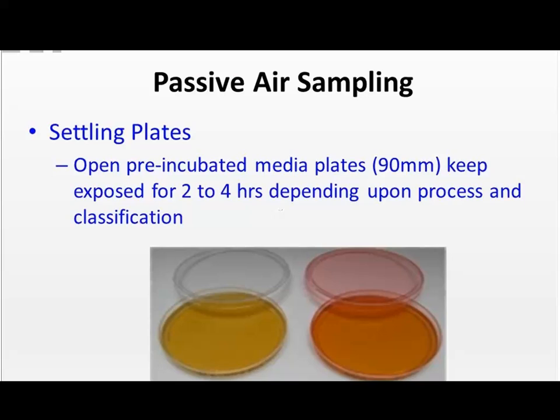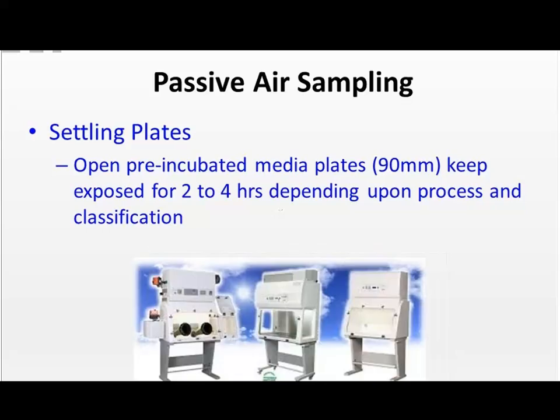It's not because they mean to, but they do get in the way, and sometimes we have to reset them and take another 2 to 4 hours. So it can be a little bit tedious, not only for the quality control analysts, but also for the operators as well. But these are essential to our sampling.